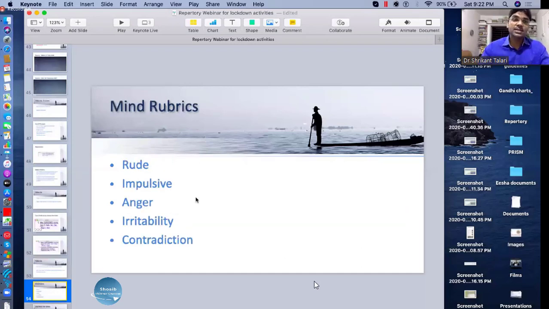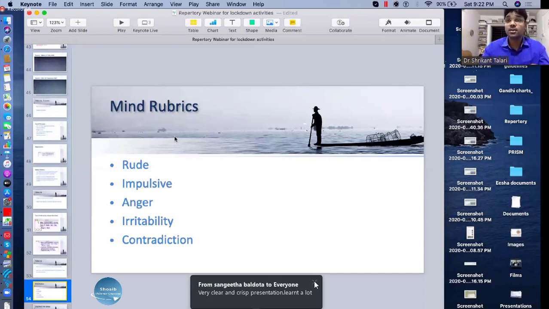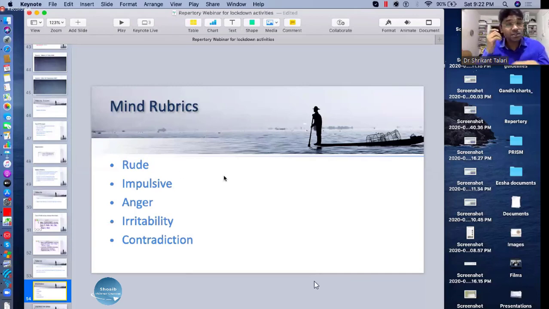So one last thing I want to tell you, especially in relation to mind rubrics. One patient of mine came and said, doctor, one of my main symptoms is that I get angry very easily.